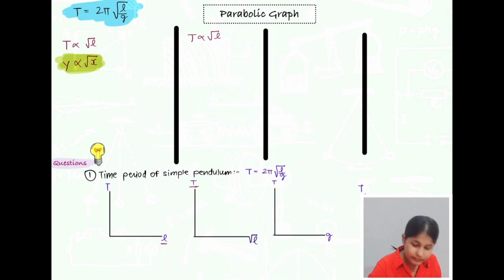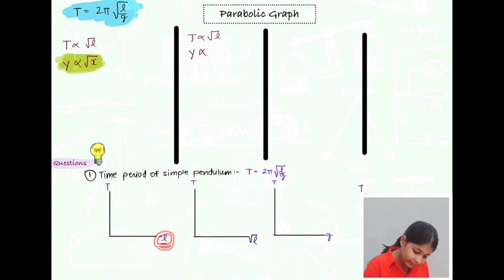Now T is the y component here, so I will write y directly proportional. Then this is considering whole, not whole L, under root L as a whole. So can I replace under root L with x? Simple x. Because here you can see why I have written under root as it is. Why?